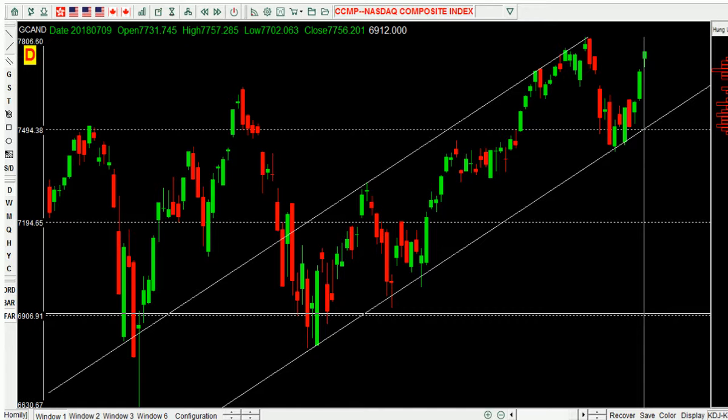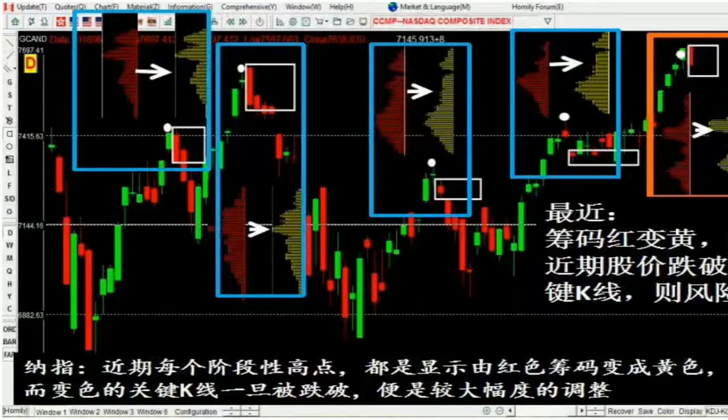So let's see why it's like this. There's something I have showed you. Every time the chips turn from red to yellow in the top 10, that means the overbought area needs to release its risk.